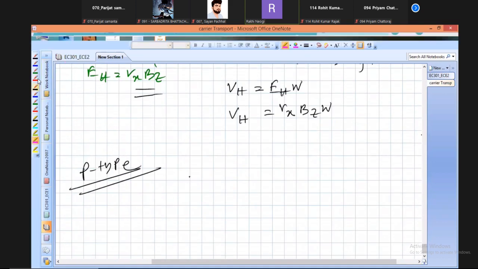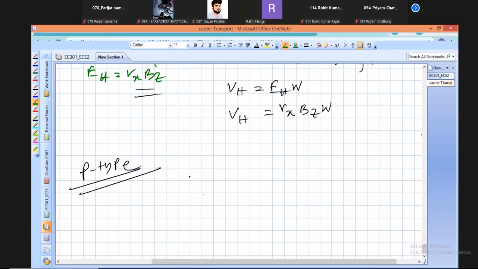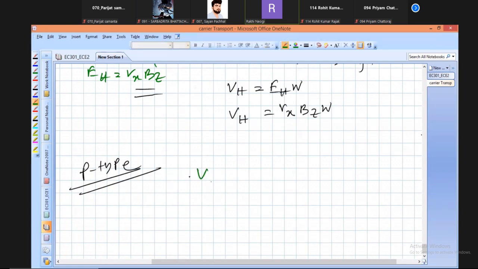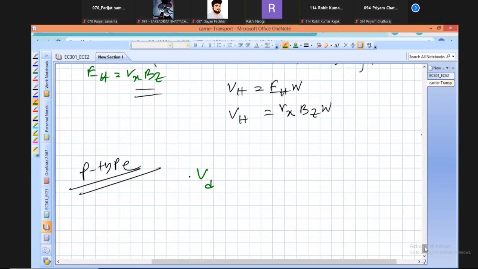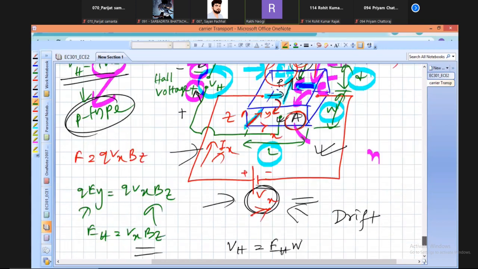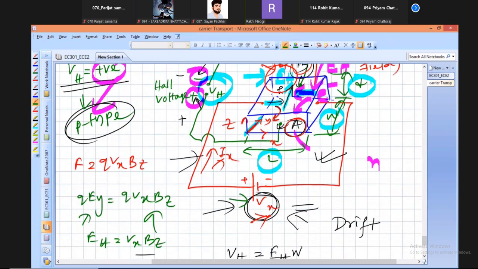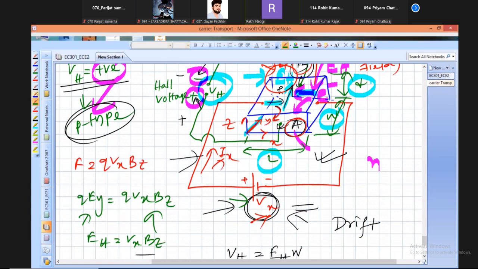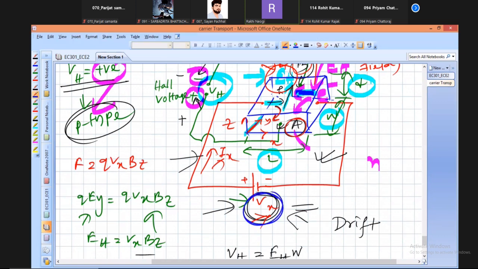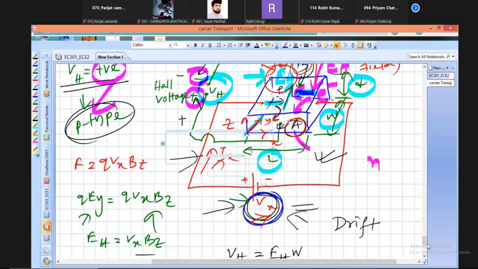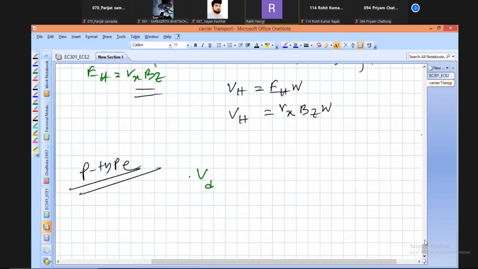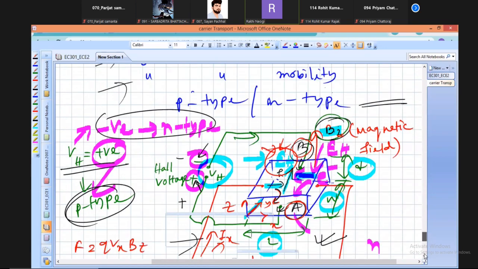What is my point? My point is I wanted to calculate the majority carrier concentration. So the drift velocity which is experienced by the particle is due to this field which is supplied. This supply is along dx, so I can write VD along x.